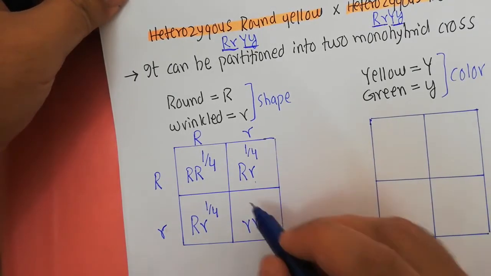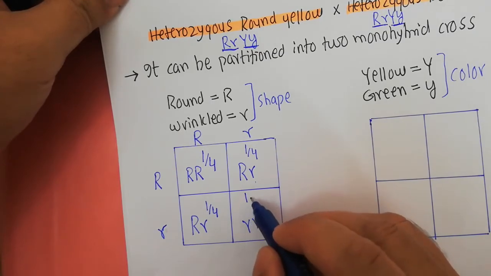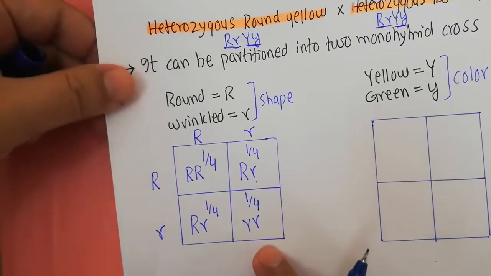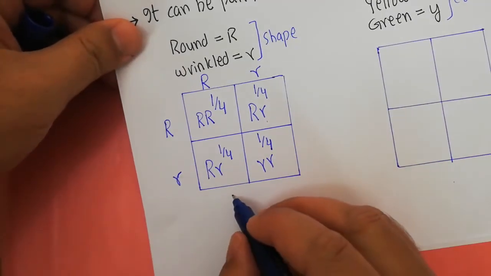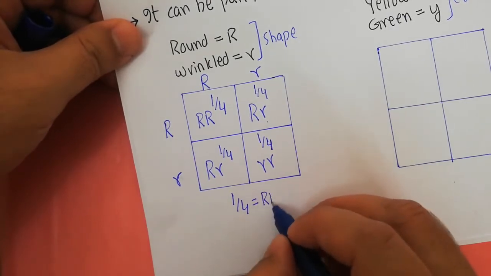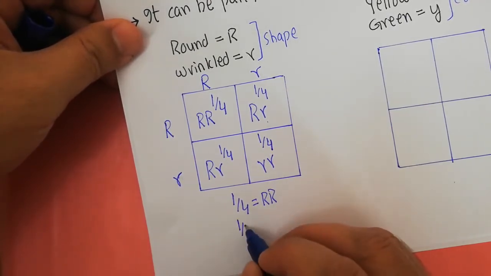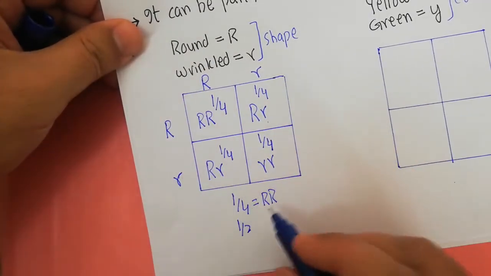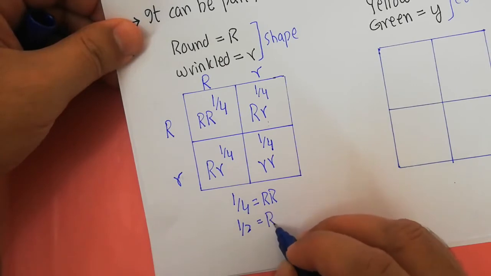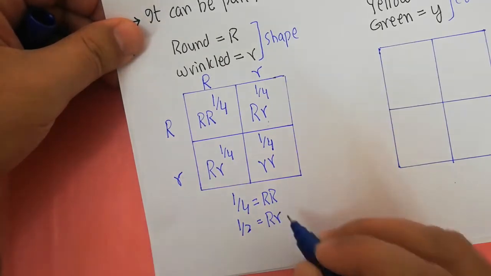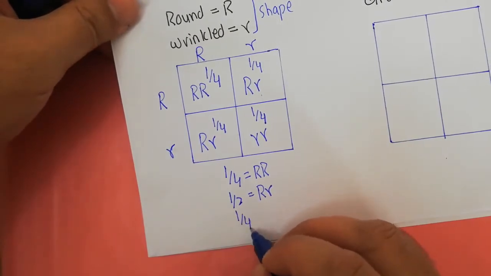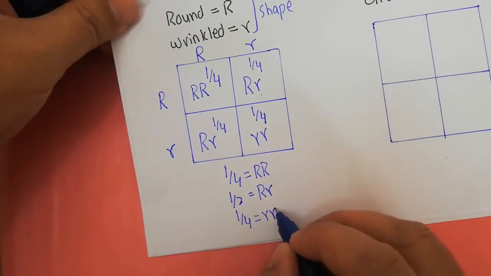This one makes again 1/4 of all of the offspring. So what you get from this monohybrid cross is that 1/4 of them are going to be capital R and capital R. Half of them, because out of 4, 2 are capital R and small r, will have a genotype of capital R and the small r. And this one, again, makes 1/4 of all of the offspring.